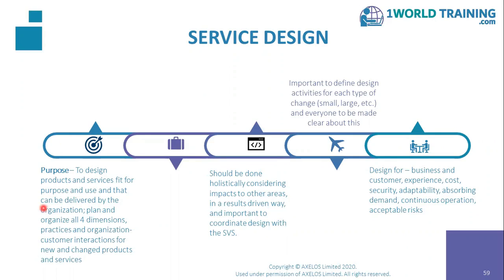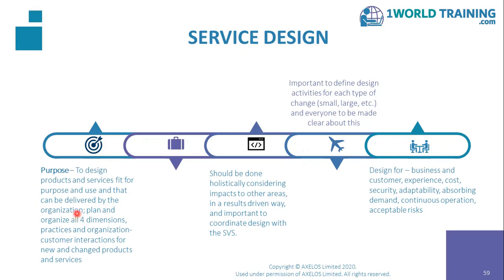What this means is, as part of designing the products and services which are fit for purpose and fit for use, meaning meet the utility and warranty requirements, and that can be delivered by the organization, there should be planning and organization of all the 4 dimensions of service management.